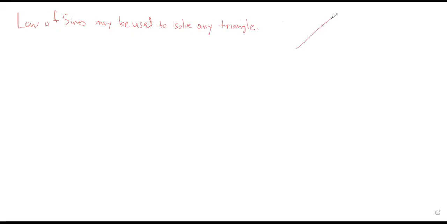So if we go on ahead and draw up a triangle where we have A, B, and C. Now, those are the angles, and of course the sides opposite are labeled accordingly. Now again, we're going to need a certain structure.